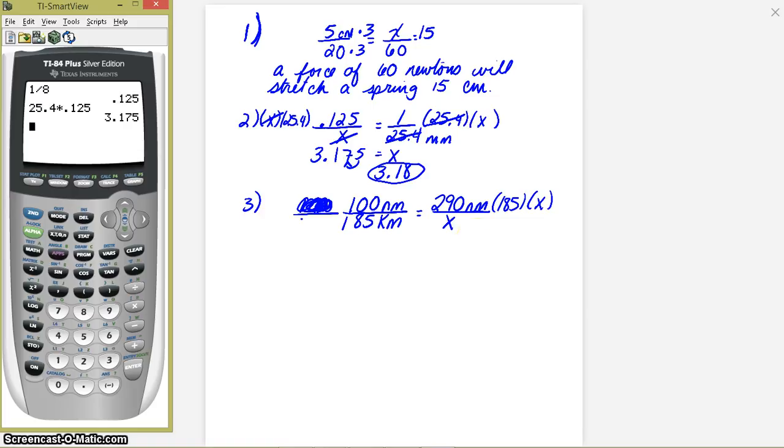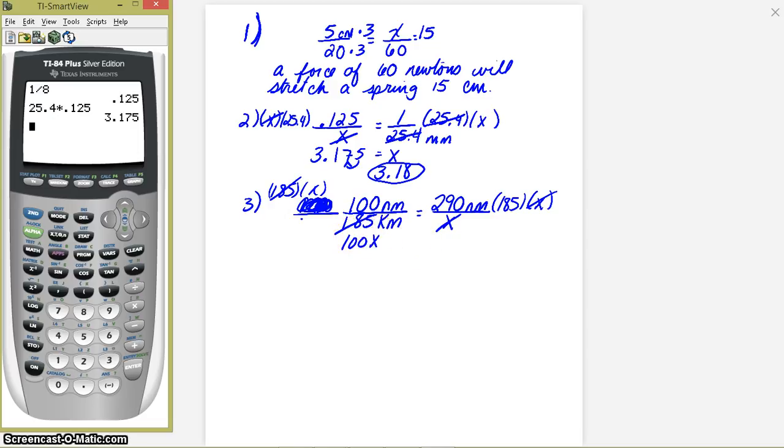Okay, multiply both sides by both denominators. It may get to the point where you can start doing this in your head, because I know my x's will cancel out here, right? And I know my 185s will cancel out here. So if I just multiply this side by this denominator and this side by this denominator in my head, you can get the right answer.